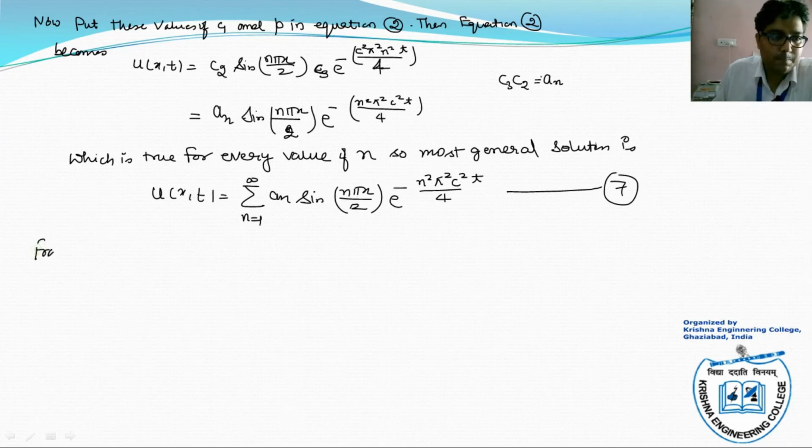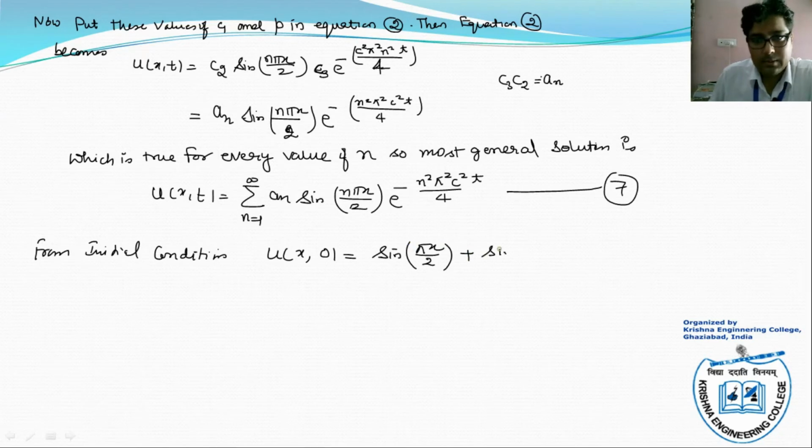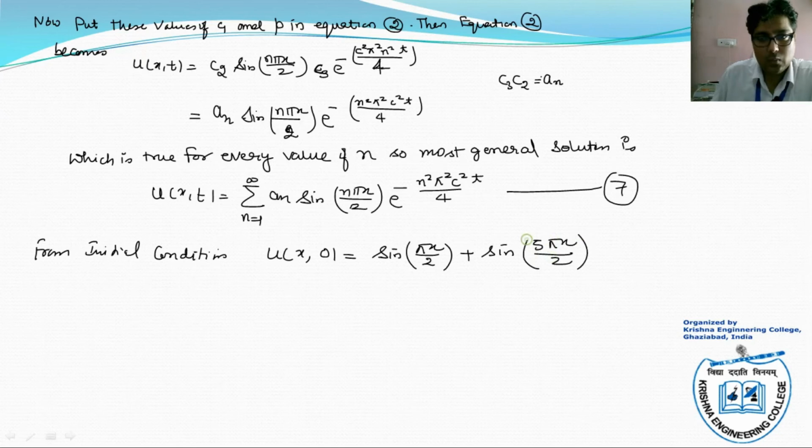From the initial condition, u(x, 0) is equal to sin pi x by 2 plus sin 5 pi x by 2.